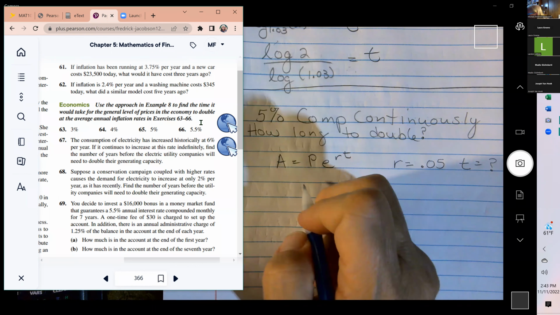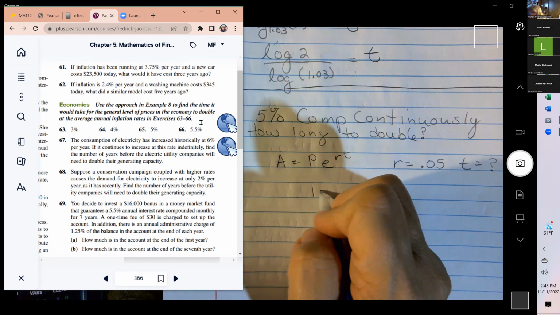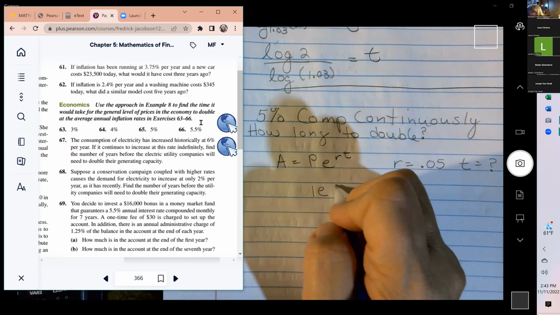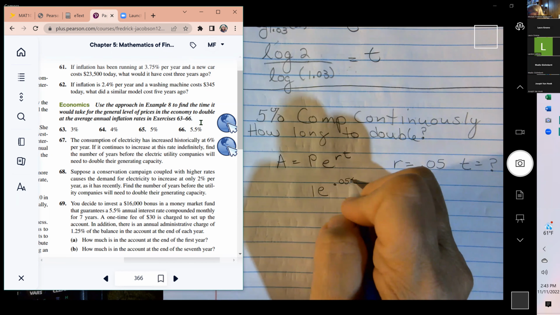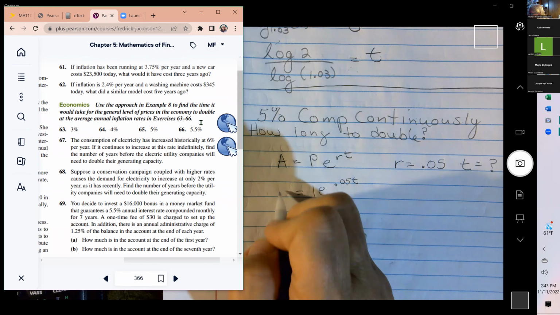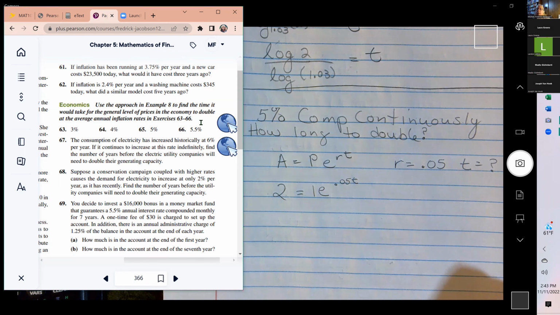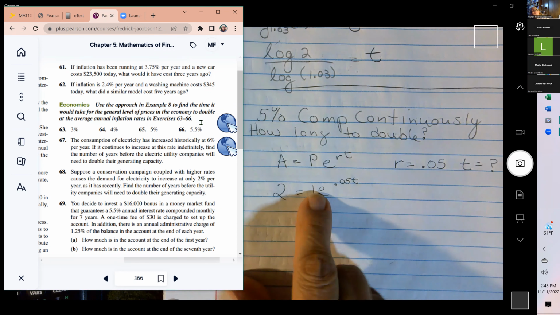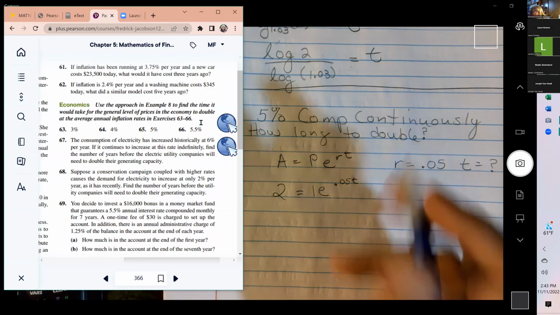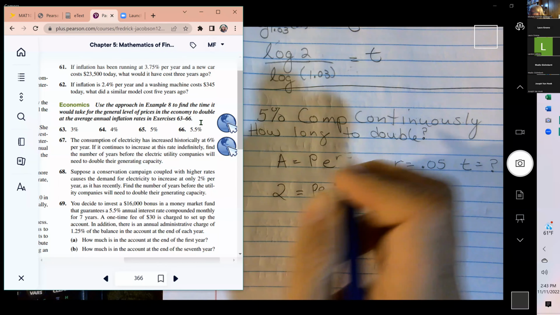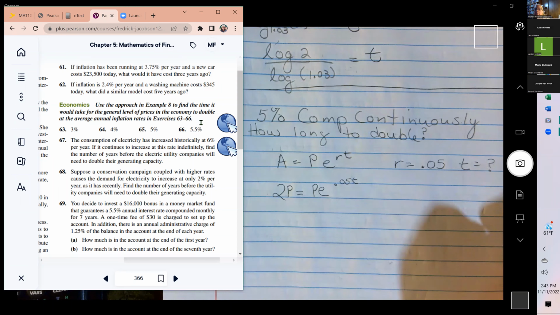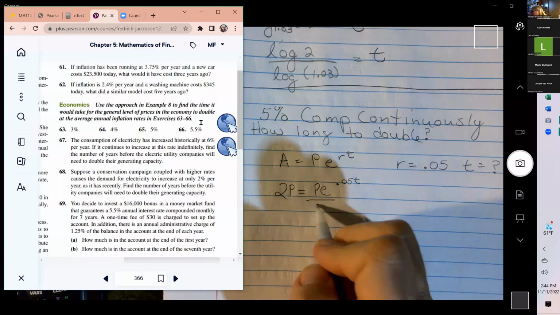Now, if you want, you can make this a 1. R was 0.05. As long as whatever this is doubles. Or you could leave this P. This has to be 2P. And then you divide it.